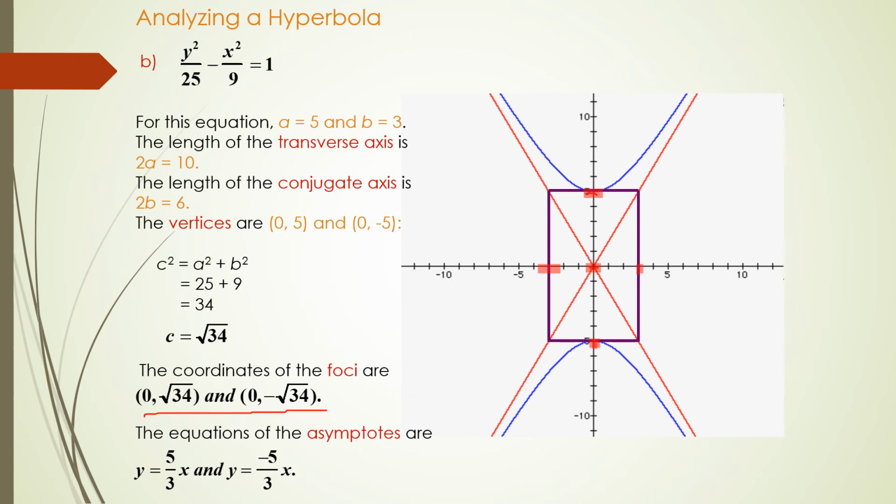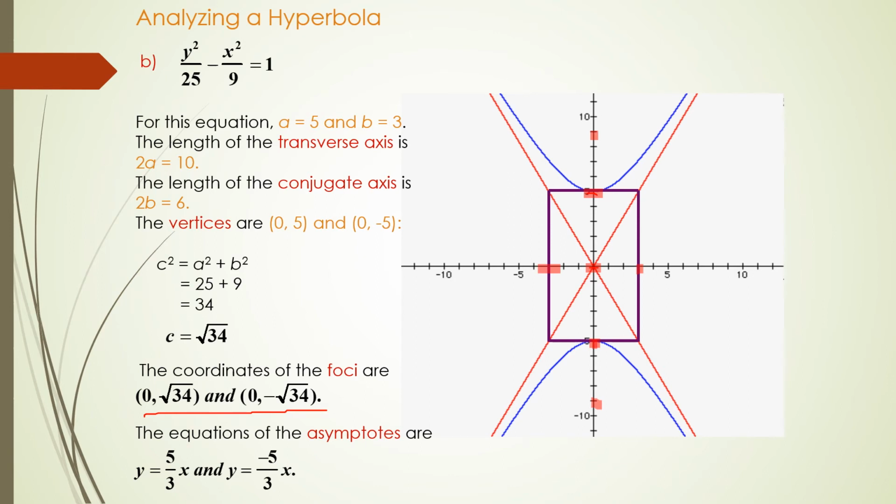Locate the foci. Square root of 34. Of course, the square root of 34 is somewhere here inside the hyperbola. I'm just giving you a guide.